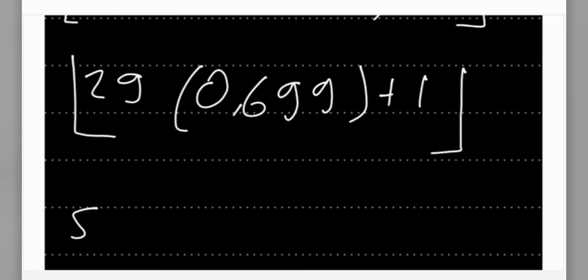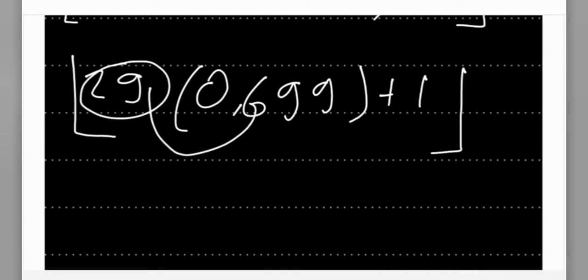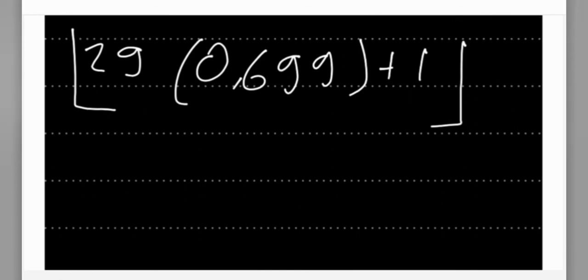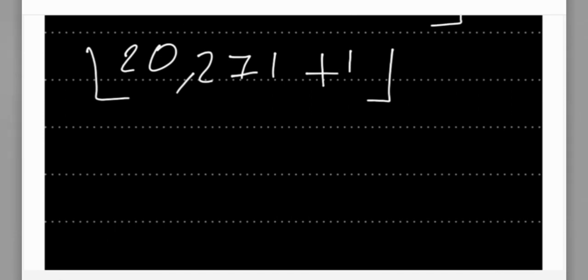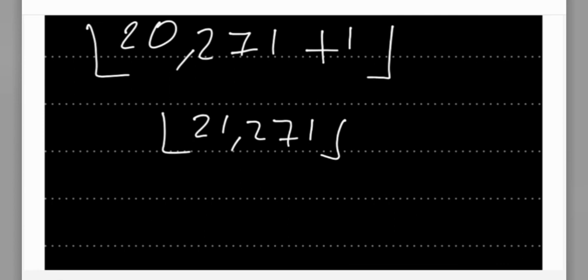Doing this multiplied by this, which you would have to do without a calculator, I already did here, so that we don't take much longer. So it would be 20.271 plus 1, and remember the floor function. So we would have 21.271 floor function, and this is why the answer is 21.